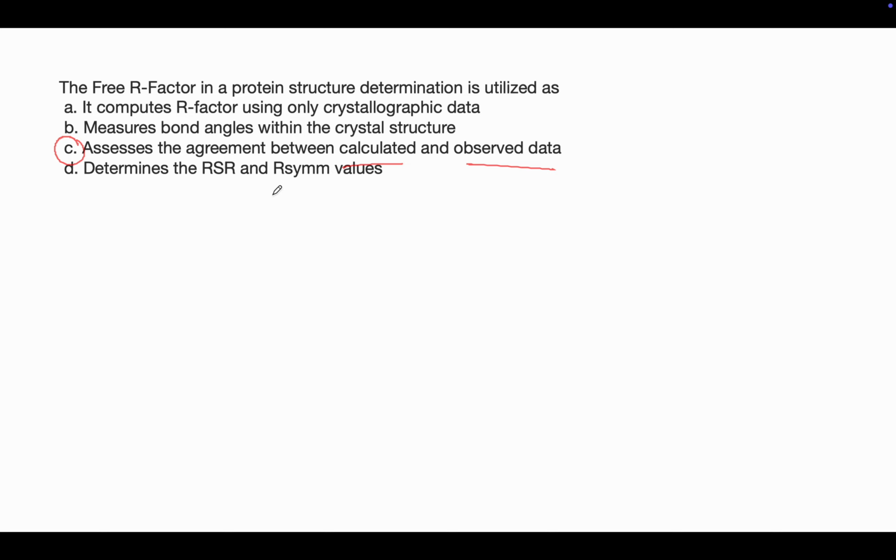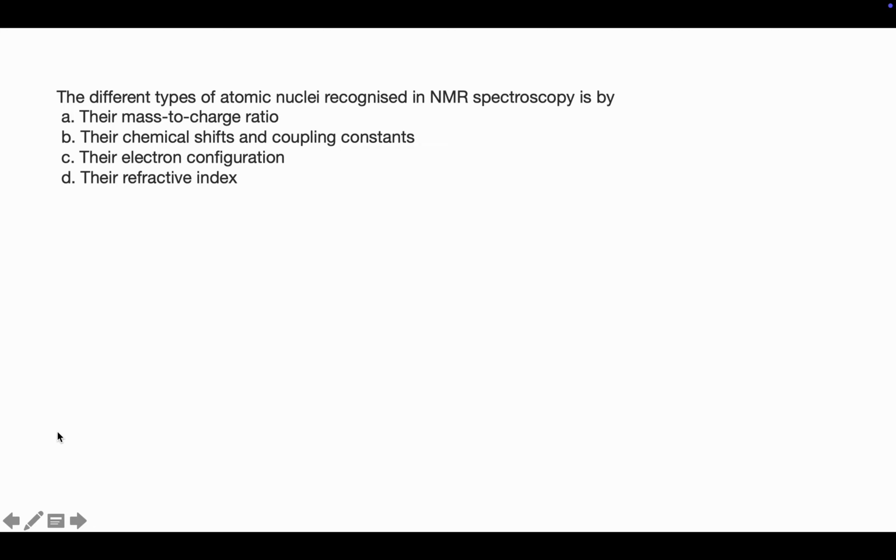This is in X-ray crystallography. During crystal solving we'll have calculated and observed data. So this free R factor is used in order to determine this observed and calculated data during solving of crystals.